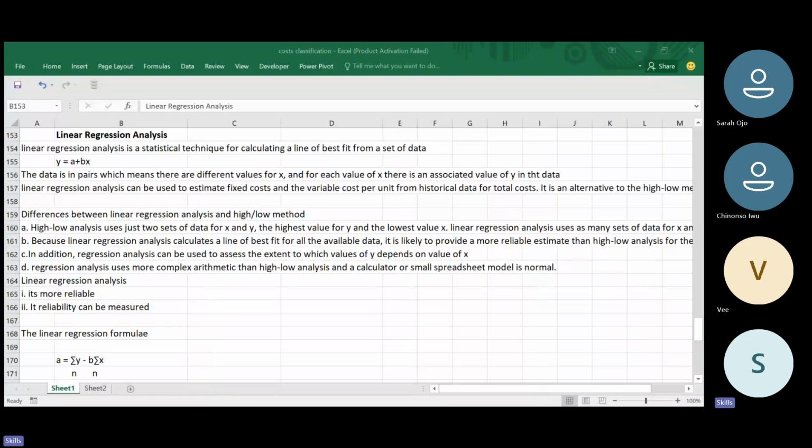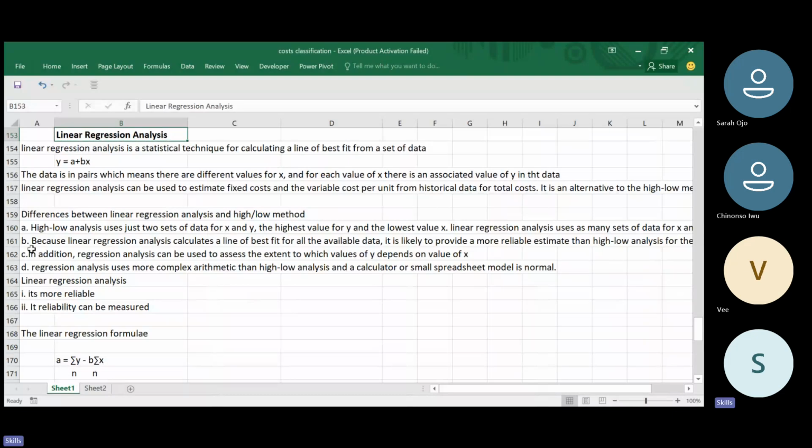So we are looking at the differences between the high and low method and the regression analysis. High and low analysis uses just two sets of data, as we have seen. We only take the highest and the lowest. But linear regression uses as many sets of data for X and Y as are available.